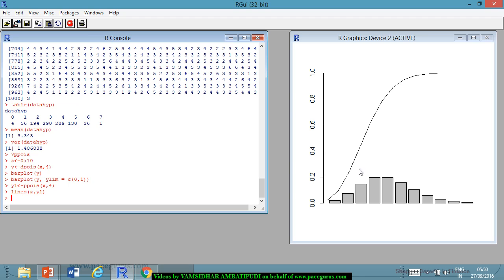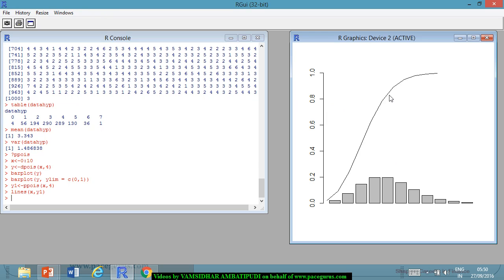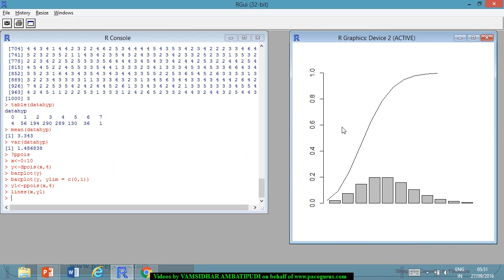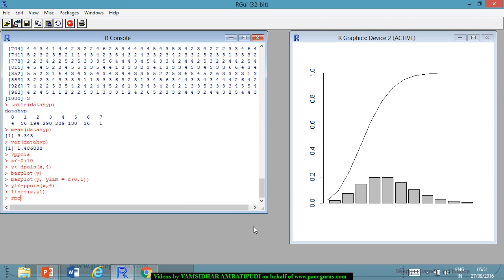And probably I can see, if I want 0.8 confidence level, what should be the number of successes, then I can use the q-poise. Similarly, I can generate r-poise giving n number of samples and lambda value. So I can generate r-poise, which will randomly generate the number of successes.